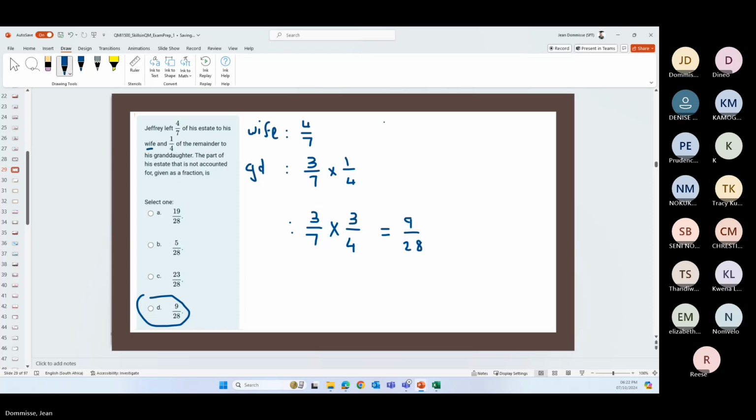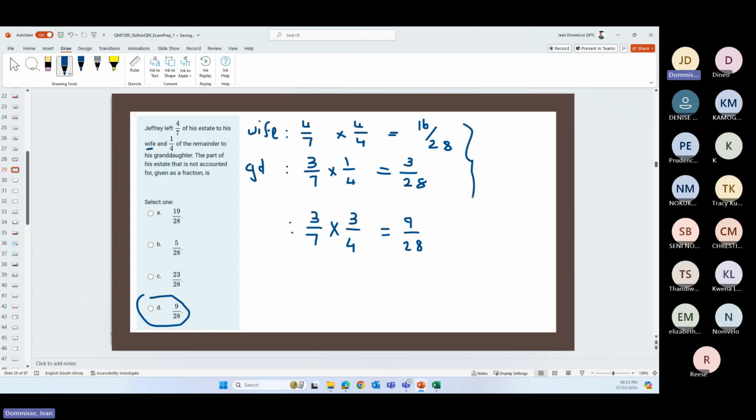So we have 4/7 for the wife. The granddaughter is getting 3/28. So we want to know how much the wife is getting if we want to say it's over 28. So that is 4/4 that we multiplied. So the wife is getting 16 out of 28, and the granddaughter is getting 3 out of 28.